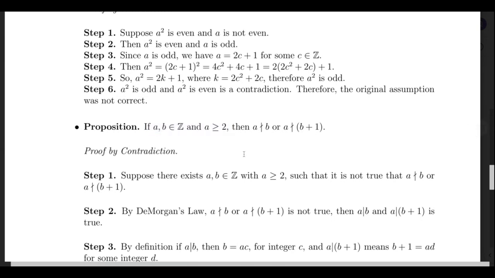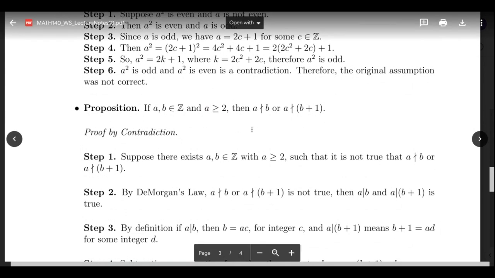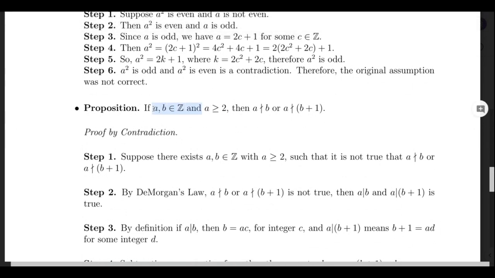So let's prove this by contradiction. So we want to negate, right? Okay, let's figure out the P and Q. P is A, B integers and A greater than or equal to 2. Q is a composite statement also.